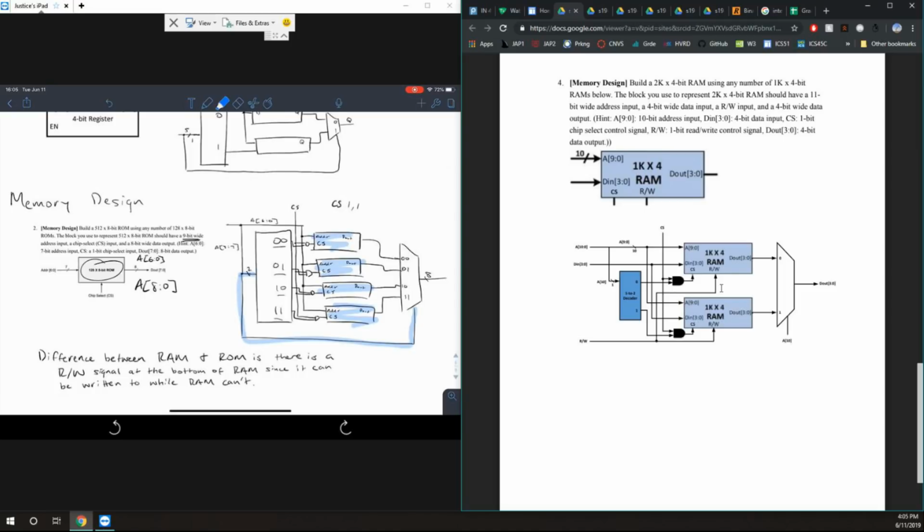You don't need to know the difference, just know that there's RAM and there's ROM. The difference between RAM and ROM is more important. Yeah, exactly, Joe. The difference is the way that they're built internally, and it's a pain in the butt. CS stands for chip select, and it's just choosing which ROM you're going into.